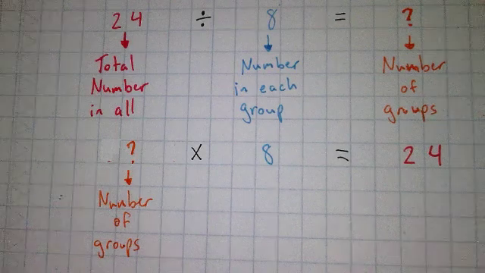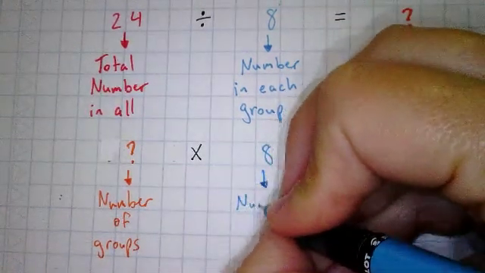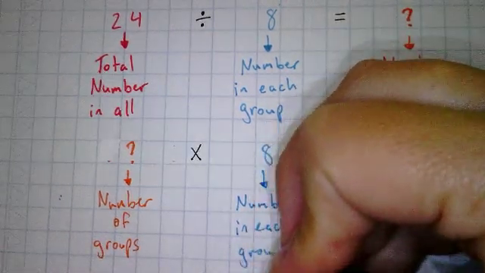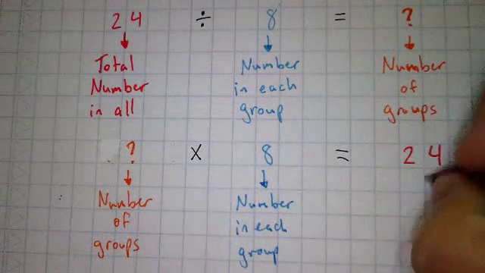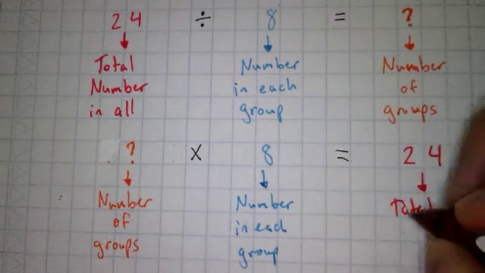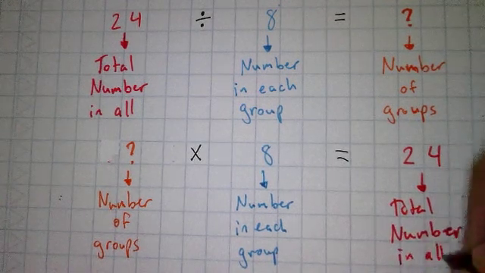I don't know what it is. The 8 is still the number in each group. And my 24 is still the total number in all. I know what it is.